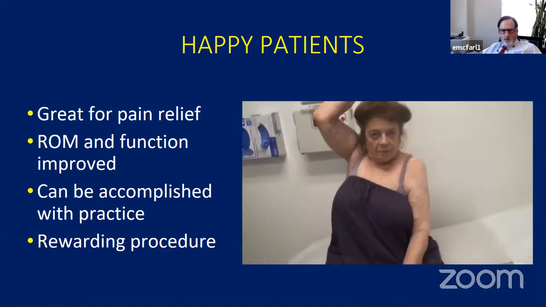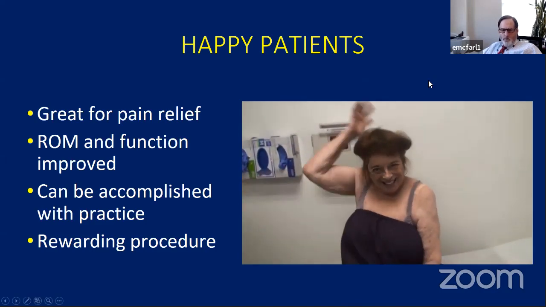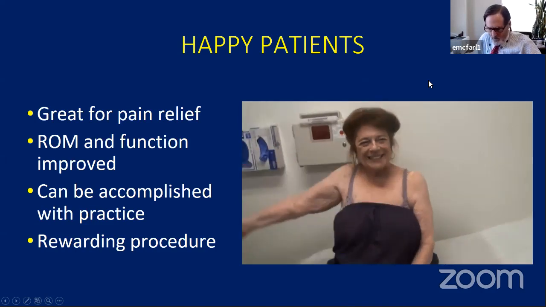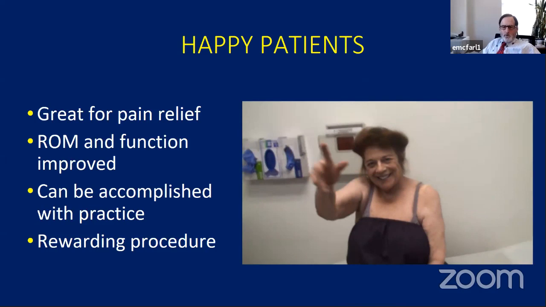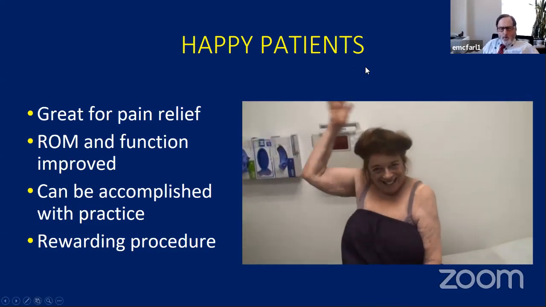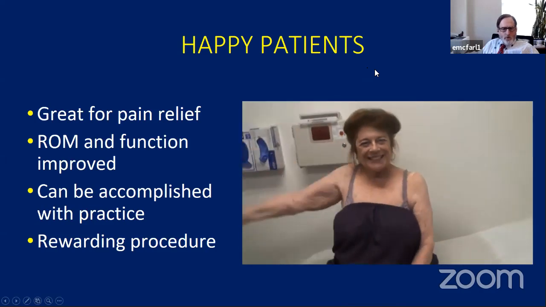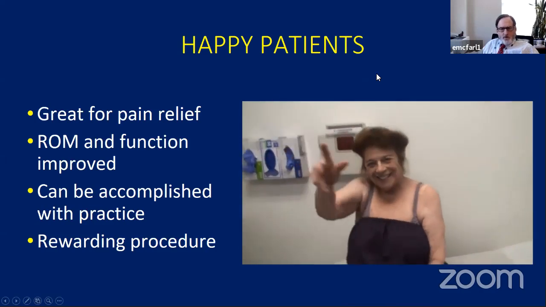This one, of course, is quite happy. And I think it can be accomplished. These operations can be accomplished, I think, depending on your level of expertise, going to courses, scrubbing with people who maybe do them, or particularly if you do any arthroplasties. But it's like anything else.